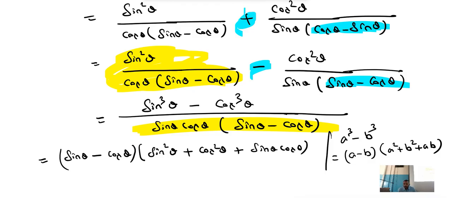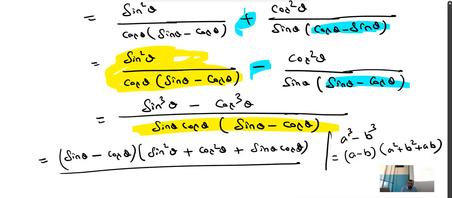Sin square theta plus cos square theta plus sin theta into cos theta. Now divided by sin theta into cos theta into sin theta minus cos theta.